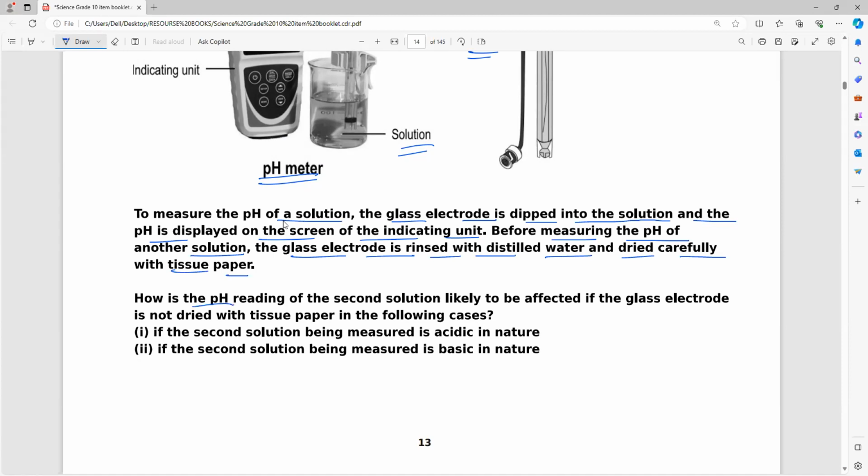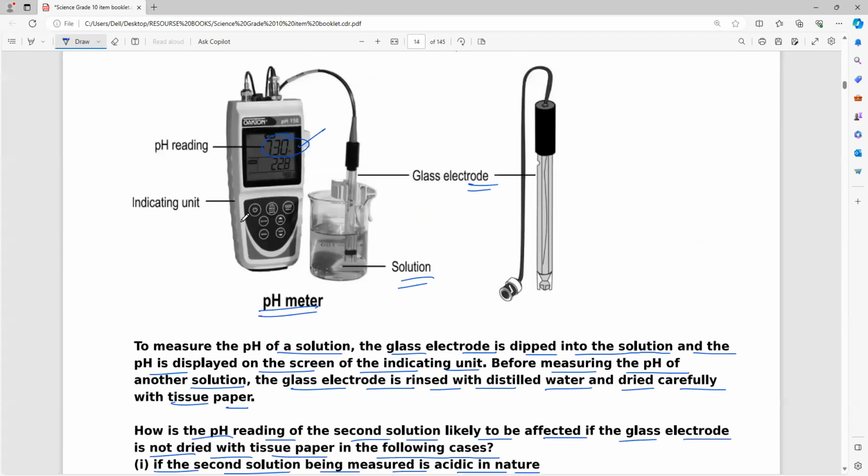Now, how is the pH reading of the second solution likely to be affected if the glass electrode is not dried with tissue paper in the following cases? First, if the second solution being measured is acidic in nature; second, if it is basic in nature. So all of you observe very carefully.